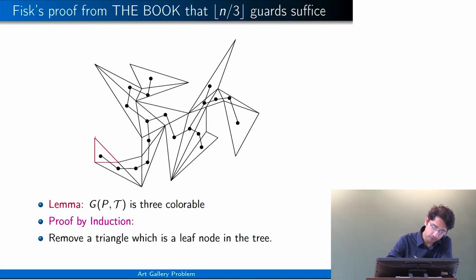That means if I remove this vertex, this edge will be removed, and I will remain with a polygon of size n minus 1. I have removed only one vertex, right? This is a leaf node and it has only one neighbor. Now from the induction hypothesis, what do I know? I can color this new polygon with 3 colors.